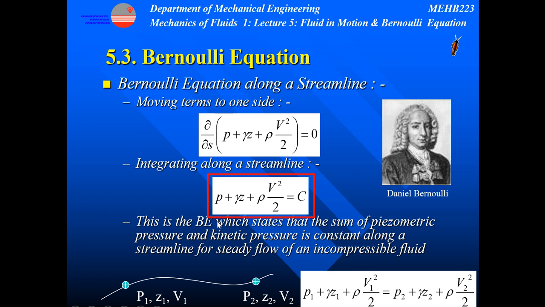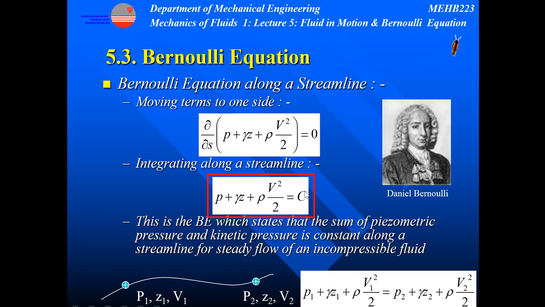This Bernoulli equation states that the sum of piezometric pressure, these two are piezometric pressure, and kinetic pressure is constant along a streamline for a steady flow of an incompressible fluid.